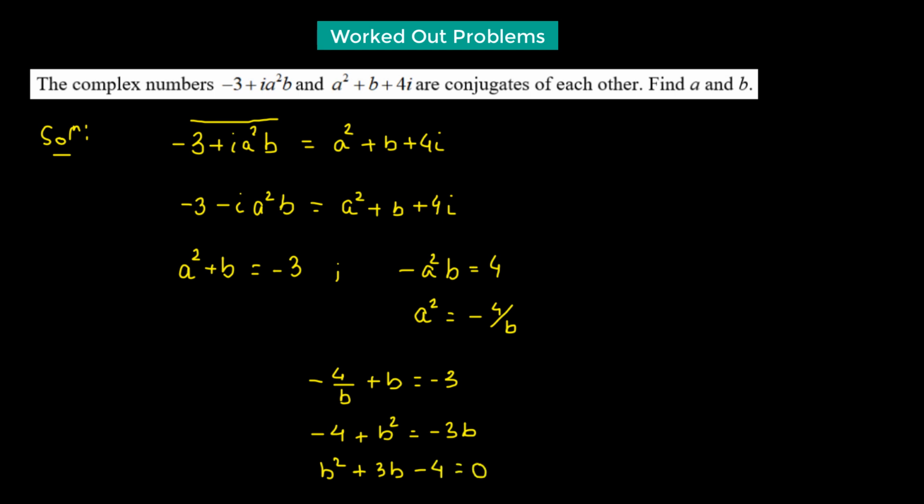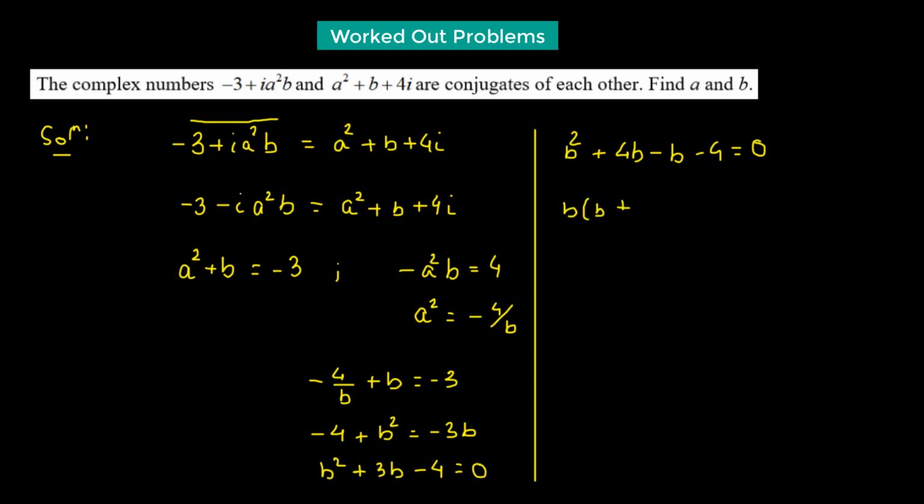Now this is a quadratic equation. Let's solve for the value of b. We are going to split the middle term by using the constant 4. We have 4 times 1, the factors of 4 are 1 and 4. So we have 3b, which can be written as 4b minus b, minus 4 equals 0.